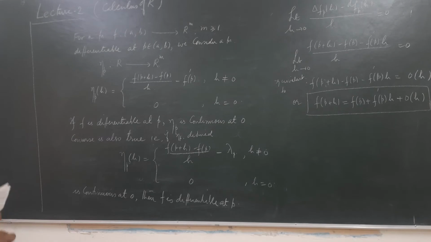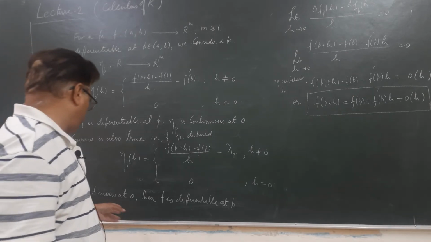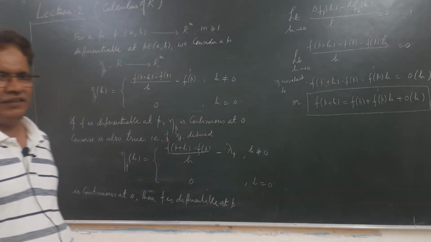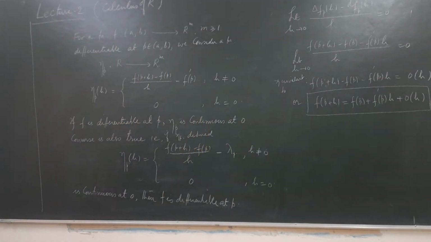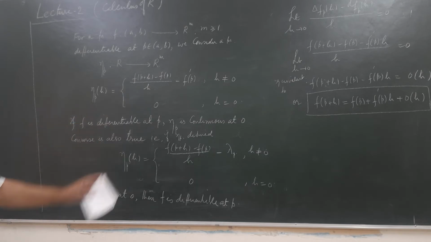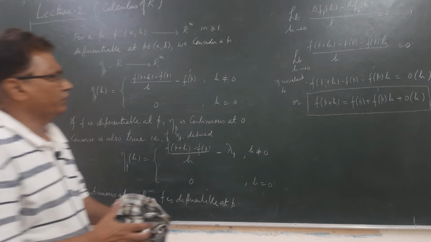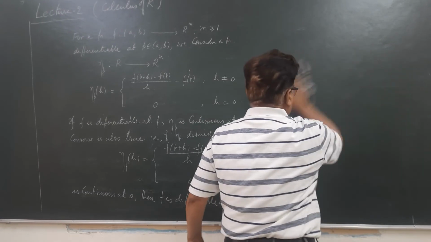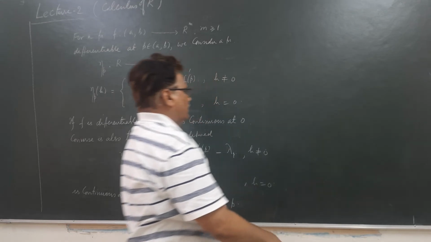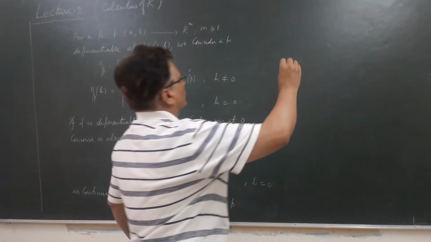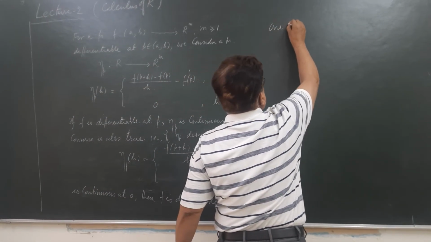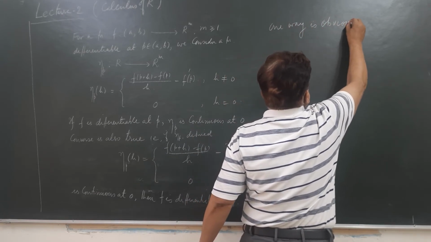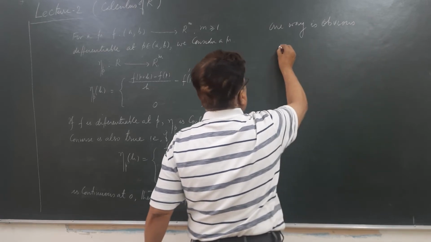The proof is easy. In fact, in this case, when this turns out to be continuous, this lambda p will be precisely f'(p). One way is obvious. The converse part, let us see.